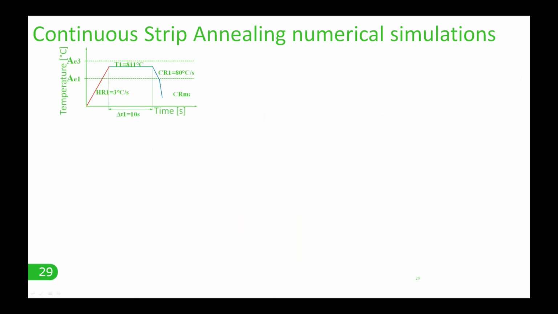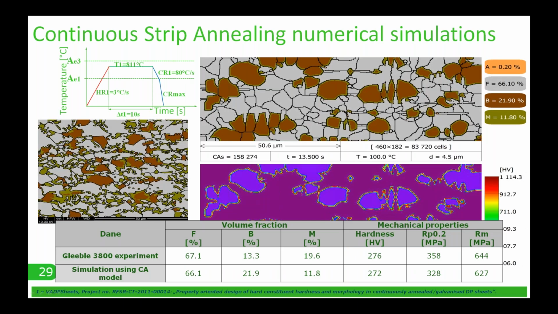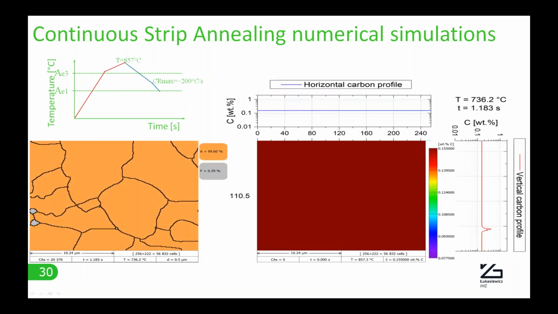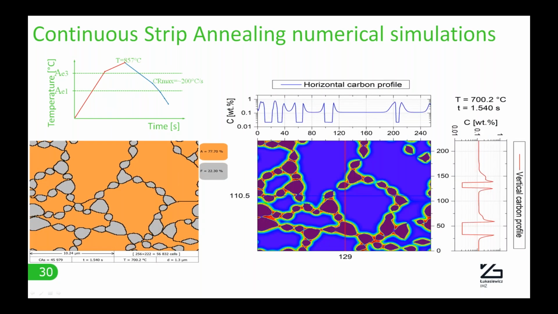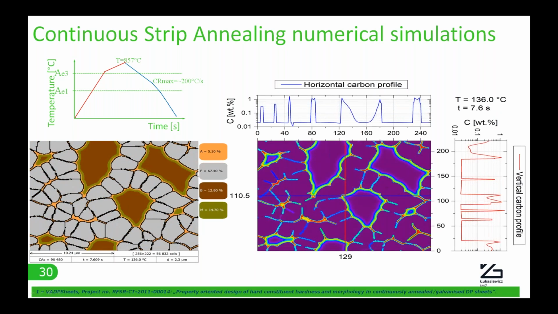Here is one of the examples of continuous strip annealing numerical simulations in the intercritical region. As one can see, a very good convergence of simulation results with experimental data was obtained. On this slide, we can observe the CA modeling approach that allows 2D visualization of the changes occurring in the microstructure during the annealing galvanizing process.